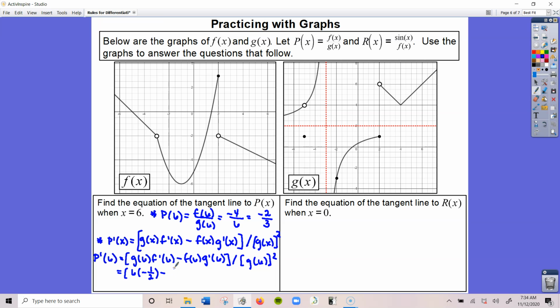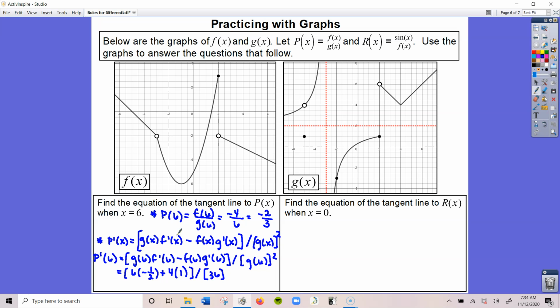Minus f of 6, which is a negative 4, so we'll make this a plus 4. And then g prime of 6, again, this is another line, so we need the slope of the line, and the slope of this line is 1. And everything is going to be over g of 6 squared. So g of 6, which is 6, and 6 squared is 36.